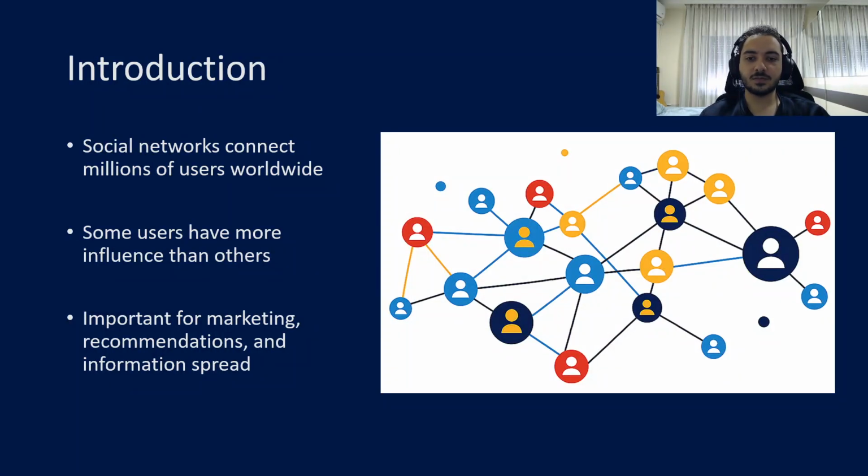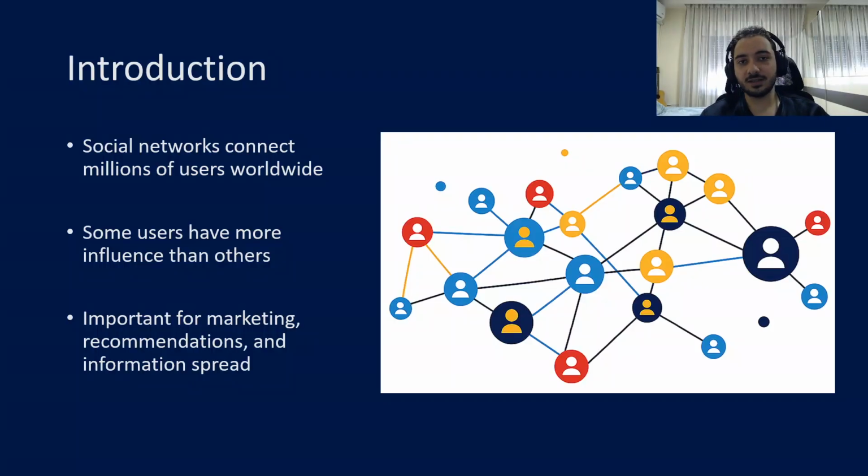So, social networks such as Instagram, Twitter, and Facebook connect millions and even billions of users worldwide. Every day, people share posts, comment, like, and interact with one another. This creates a massive network of connections between users.